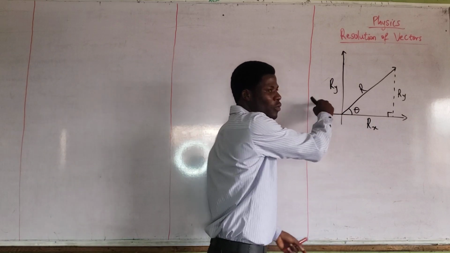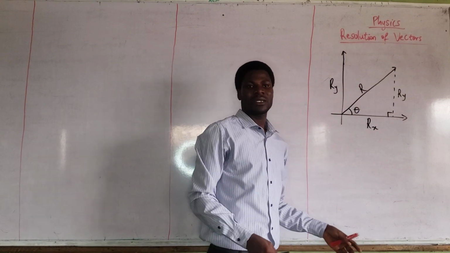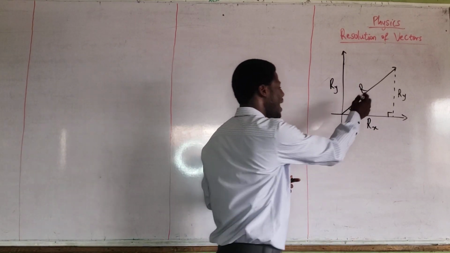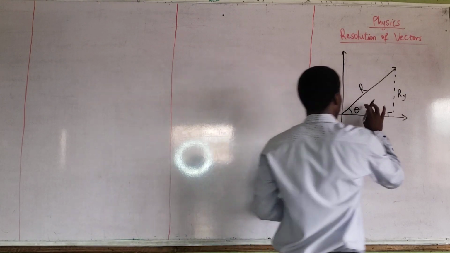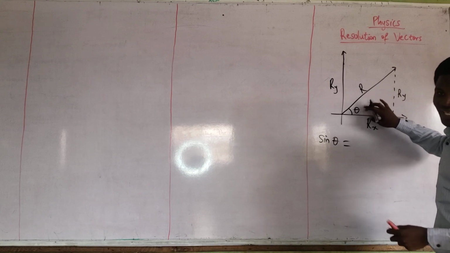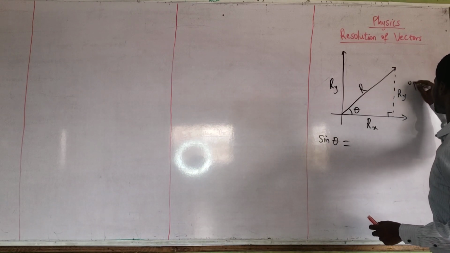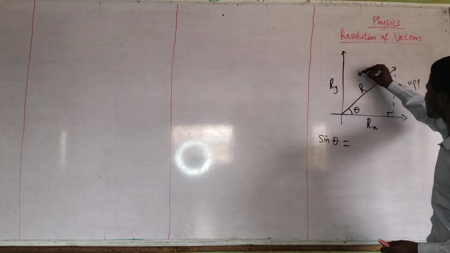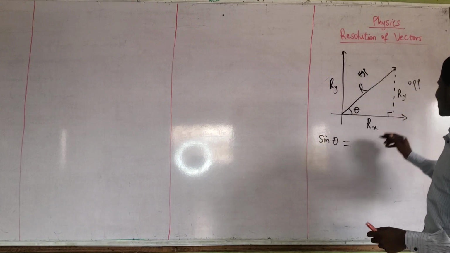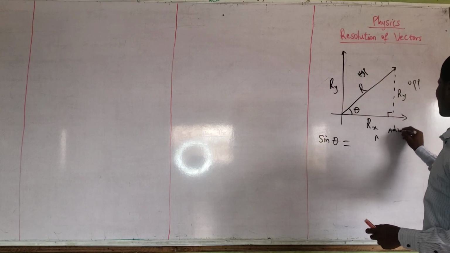So to get my RY now, I can apply trigonometric ratio. From the diagram, sine theta will give me opposite over hypotenuse, where the side facing the angle is our opposite, the side facing the right angle is our hypotenuse, and the third side is the adjacent.